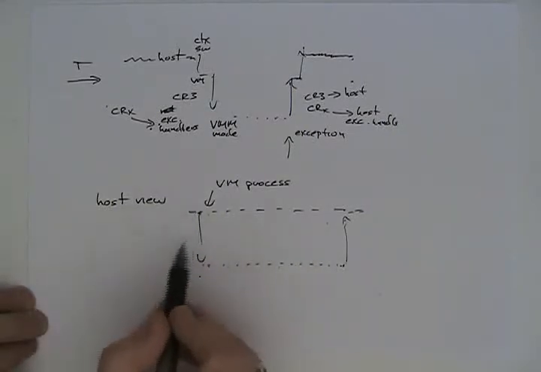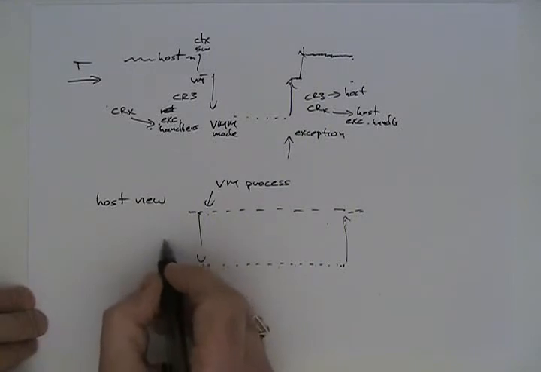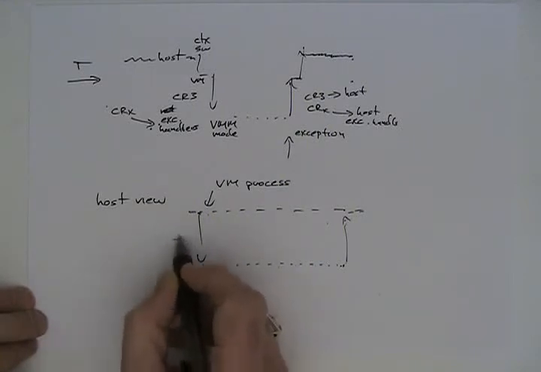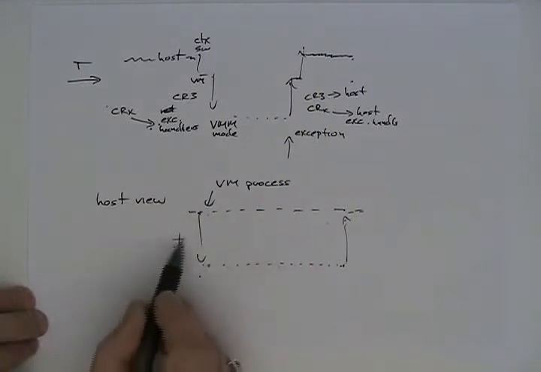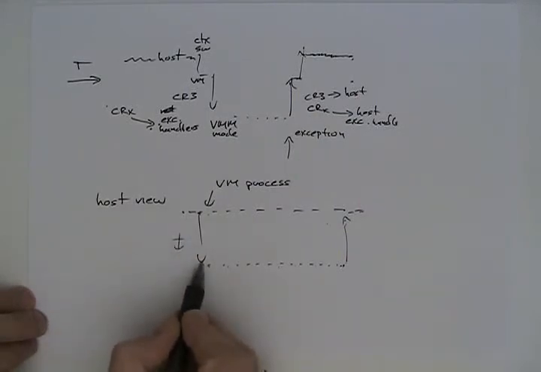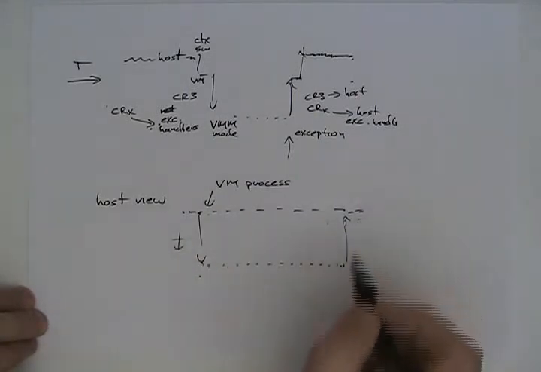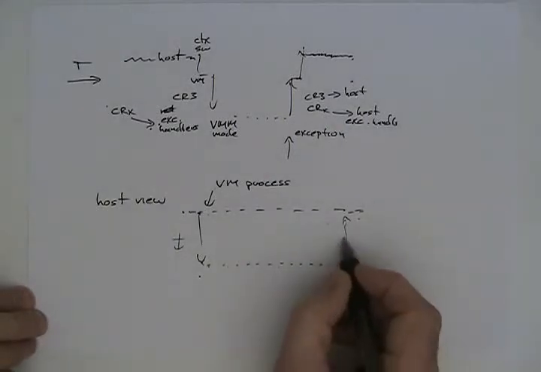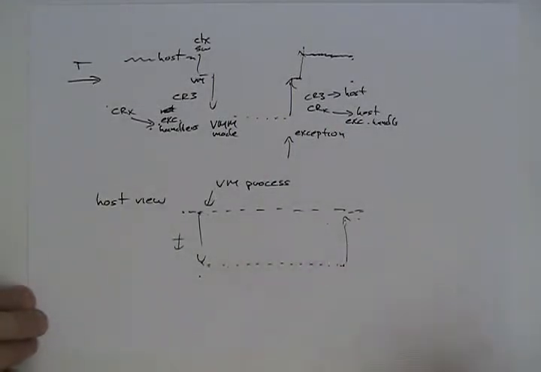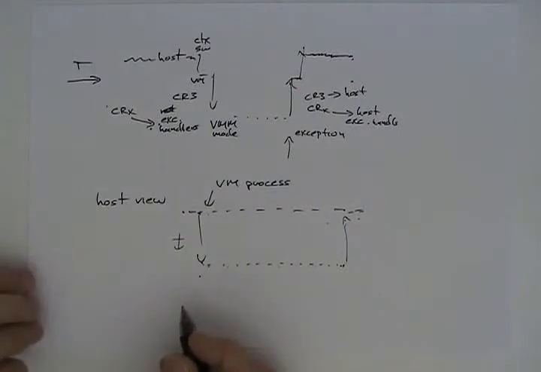The host sees nothing wrong because although we switched out a whole bunch of state that the host OS relies on when we made this transition, we switch it all back here. Of course, that means that this switch is kind of expensive, but that's how it works.